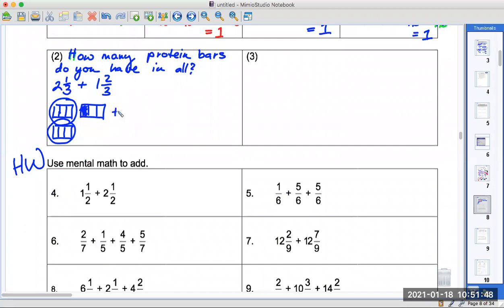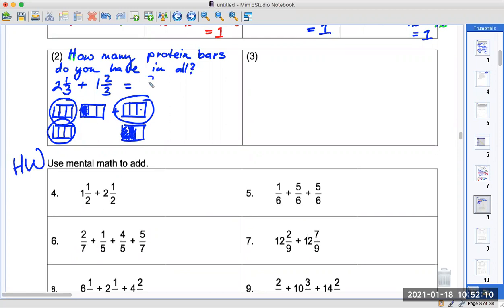Plus now I'm adding 1 2/3. So another 1. Again, the denominator tells me how many equal parts. So I have 1 whole 1 and 2/3, 2 parts shaded, right? So 1, 2, 3.